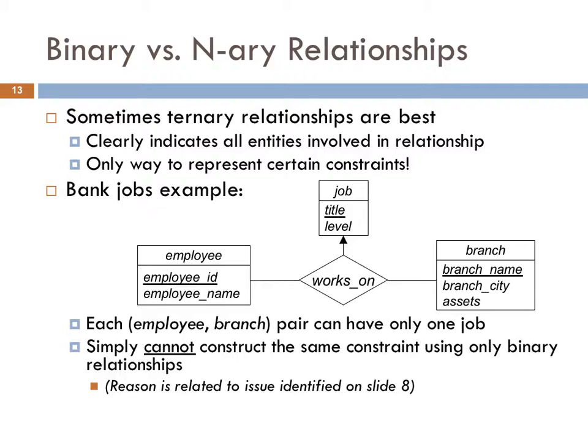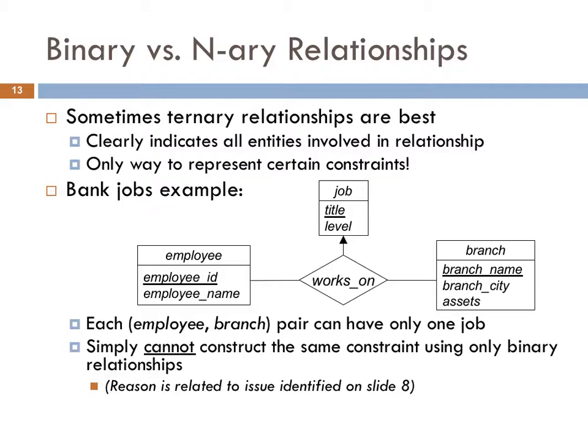The simple version of the reason is that there's no way to get employee ID, title, and branch name into a single table to enforce the constraint. If you switch to binary relationship sets, well, no longer will the employee ID, title, branch name triple actually all be in the same table for you to enforce a constraint on them. Okay? Questions?